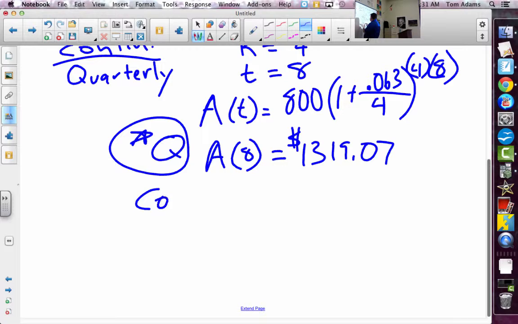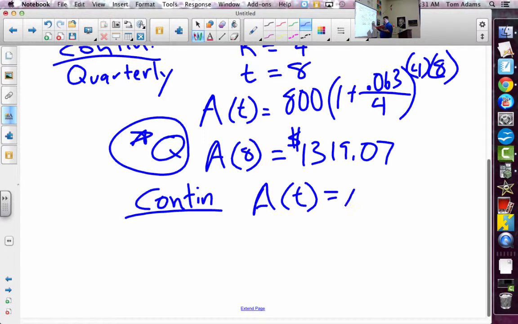Now, if I were to do that continuously, the formula looks a little different. The formula is A as a function of t is equal to A naught times e to the rt. So if we do it continuously, we eliminate this 4 and 8 stuff. Well, not the 8. It's still going to be 8 years. So same variables, except now the formula is a little different.